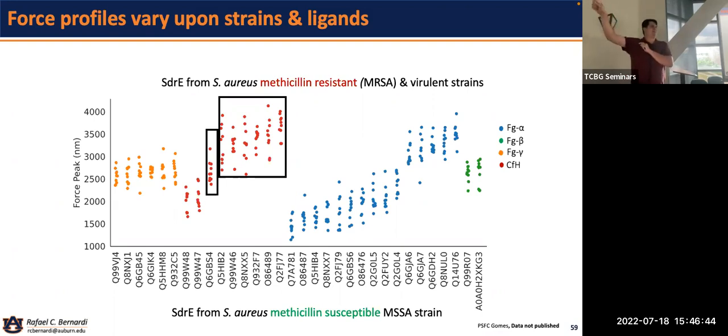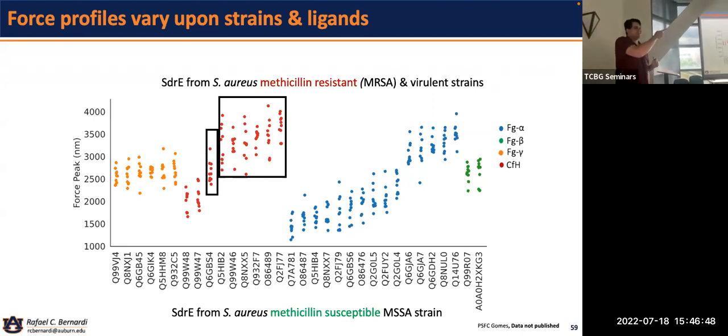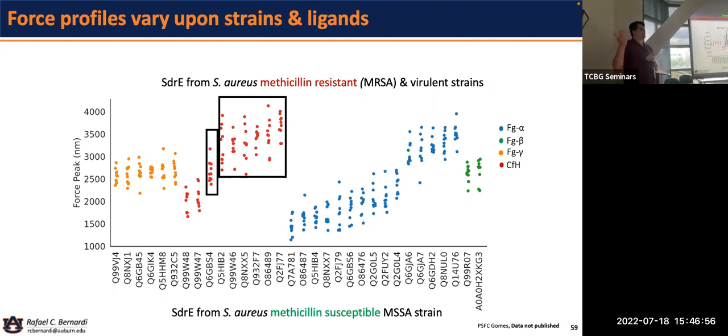Let's use that as a template now. We pretend the crystal does not exist, and use that as a template to go back. And we have been successful showing that we can actually see the same trend. The values change, but we see the same trend. So we see that the resistant ones are stronger than the susceptible ones, which is interesting.